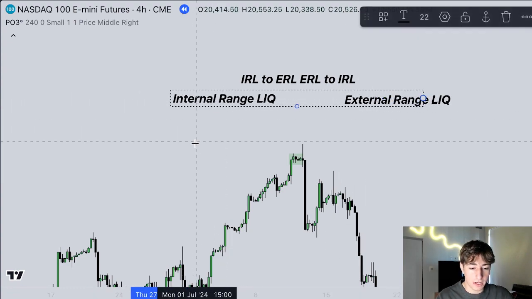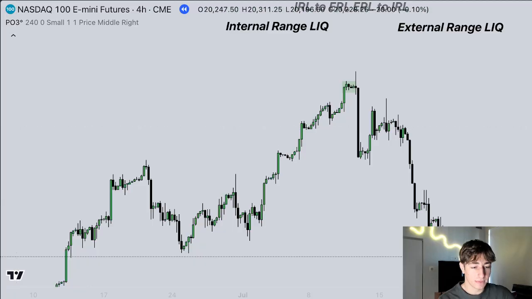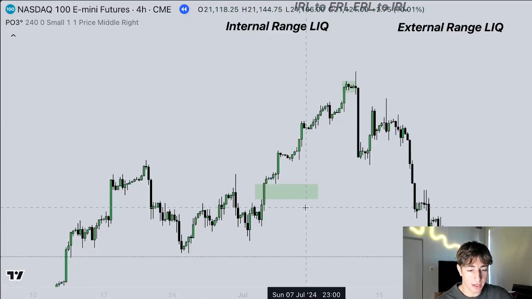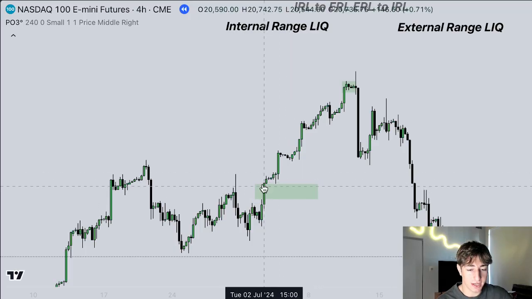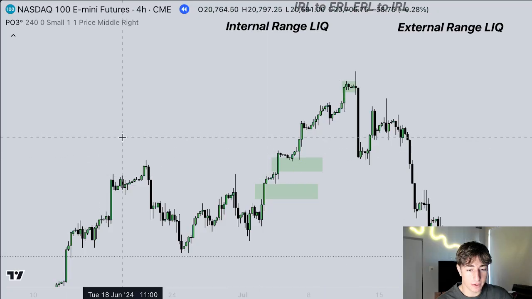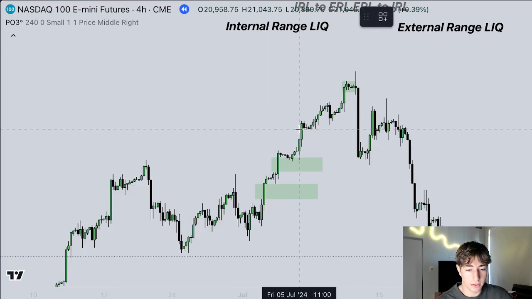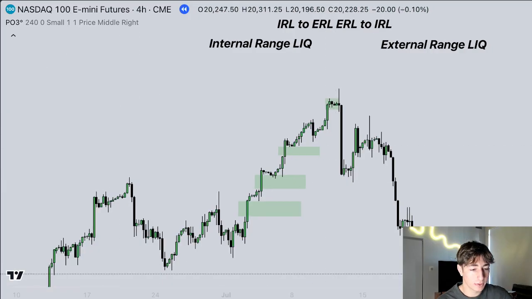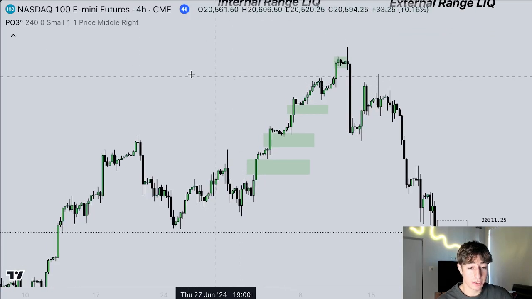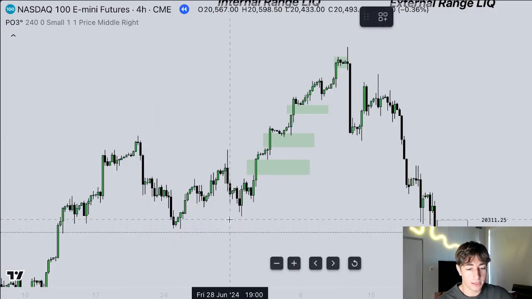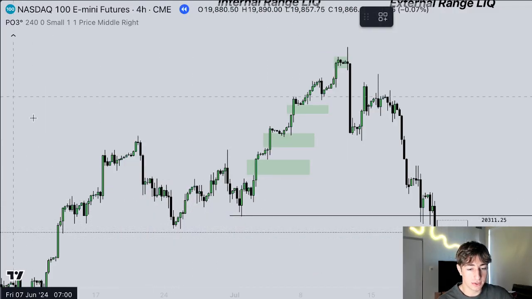Now, your internal range liquidity is going to be your internal fair value gaps, okay? These are essentially just inside. This is all of your internal range liquidity right here. Now your external range liquidity is going to be these more prominent highs and lows.